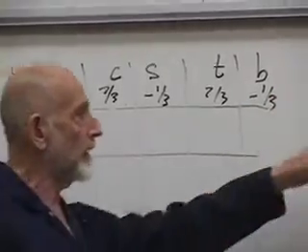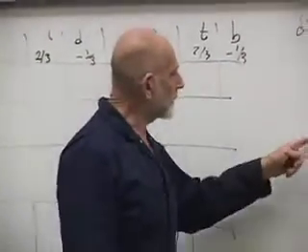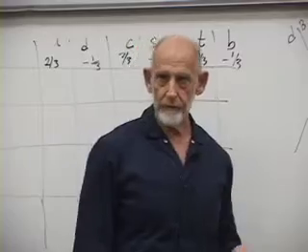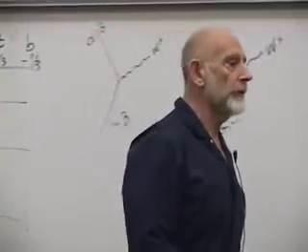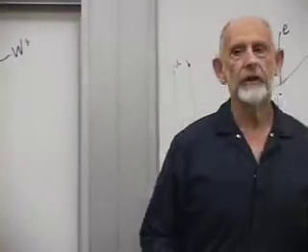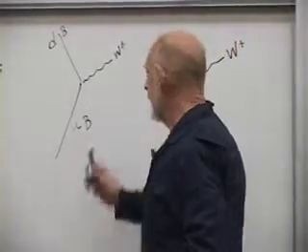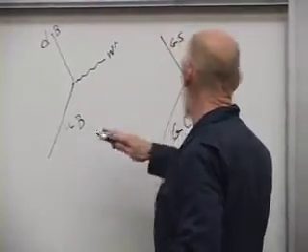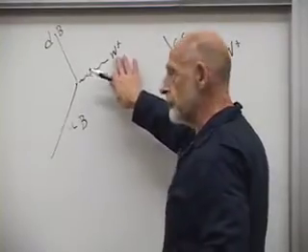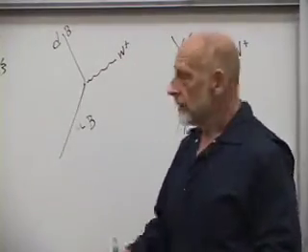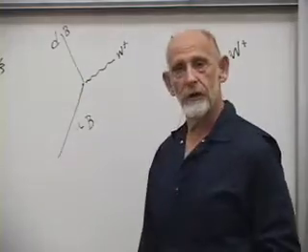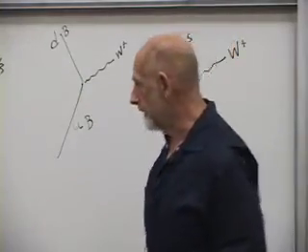Now, the emission of a W only cares about the difference of charge. In other words, a W can be emitted if the difference of charge is the right thing. The W plus or the W minus has a definite charge, and to emit it, the difference of charge of the initial and final fermion must be correct.